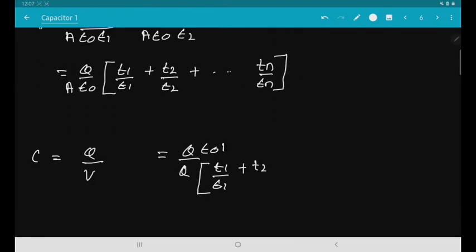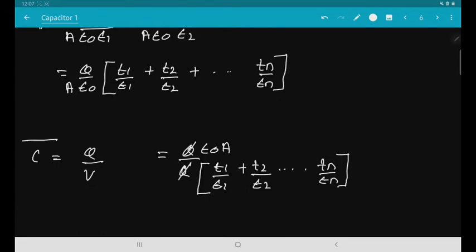So here we will get A into epsilon naught, and this will be T2 by epsilon 2 and so on up to Tn by epsilon n. So as many dielectrics of different thickness you put in between, we can just add them in the denominator and we will get an equation for the capacitance.